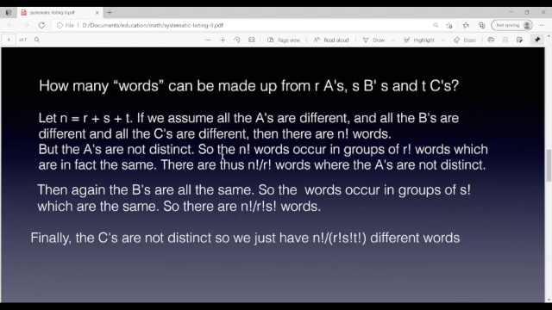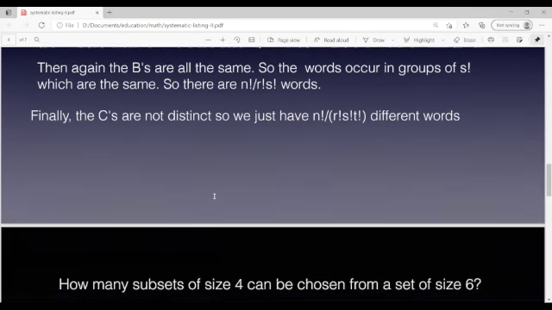And then again, the B's are the same, so the words occur in groups of s factorial, which are the same. So there are n factorial divided by r factorial times s factorial words. And finally, C's are also not distinct. So we have n factorial divided by r factorial times s factorial times t factorial different words.